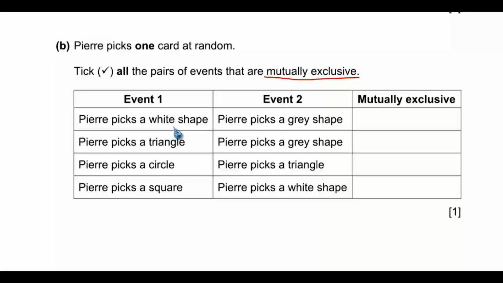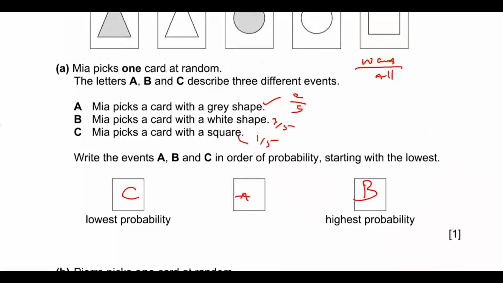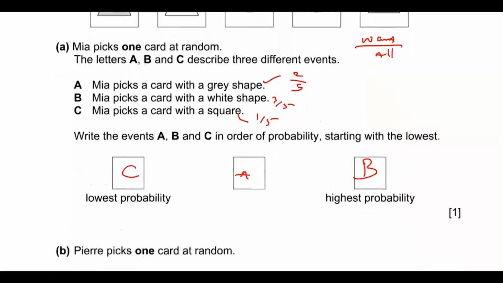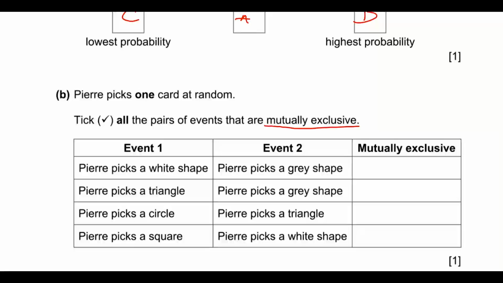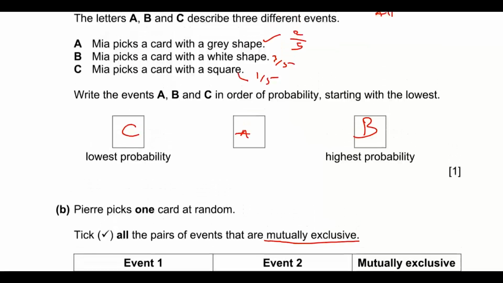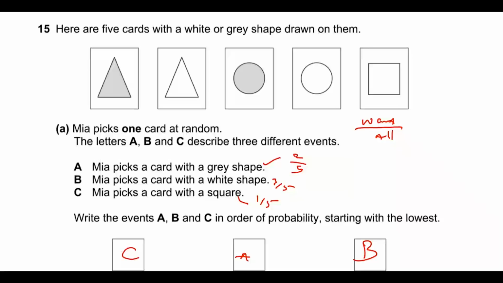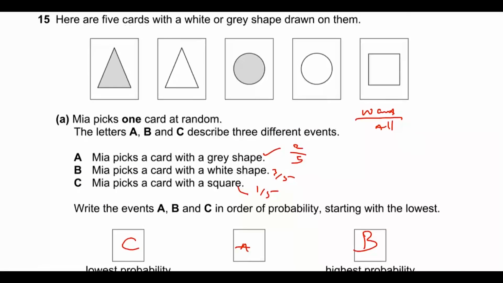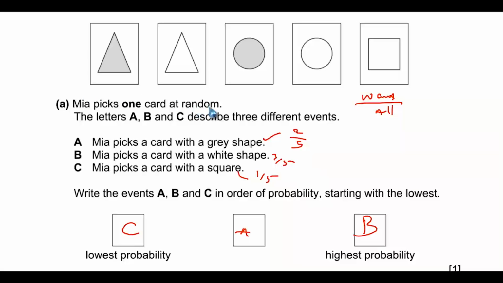Pierre picks a white shape from here. You can see that we have 3 objects there, right? So that is the first event. The second one picks a gray shape. Of course they cannot happen at the same time, because if you pick a gray, you cannot pick a white at the same time.